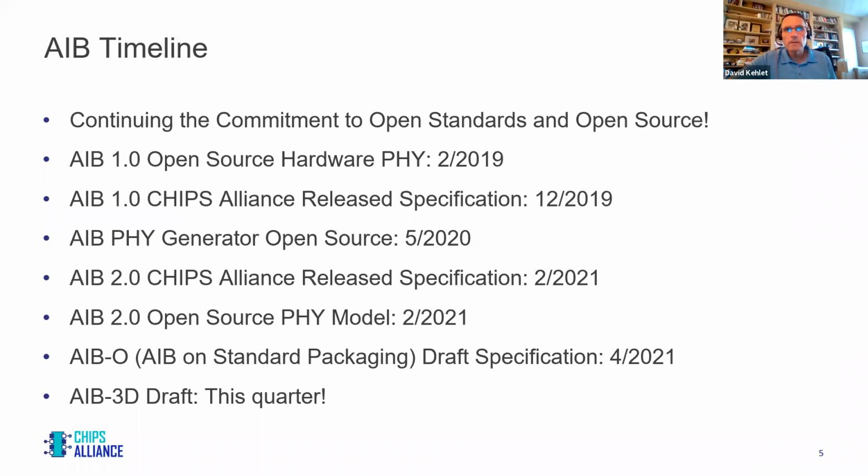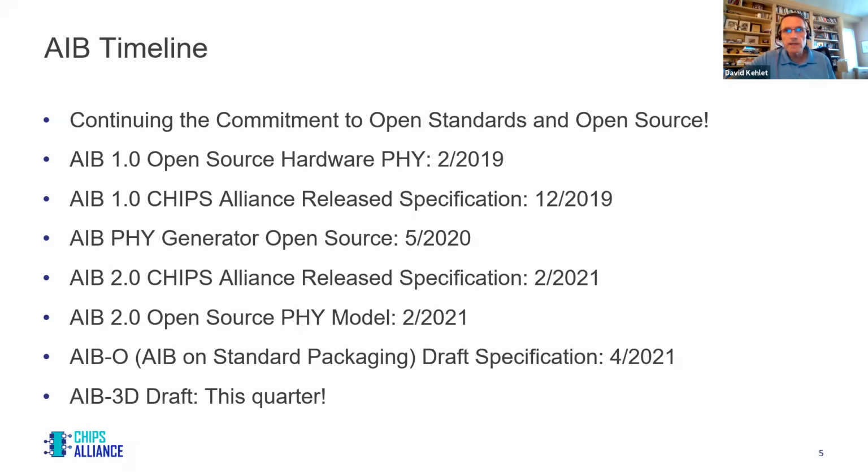We would have called AIB Open AIB if we thought there was some question about being open. We're on our third year of open source with AIB, starting with RTL for the PHY in early 2019. As CHIPS Alliance, we've released the specifications for AIB 1.0 and 2.0, drafts of AIB-O this year, and AIB 3D coming up that you'll hear about today.